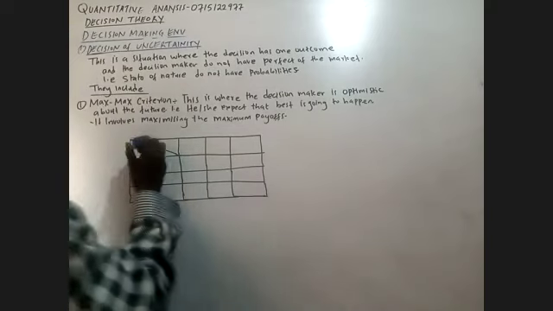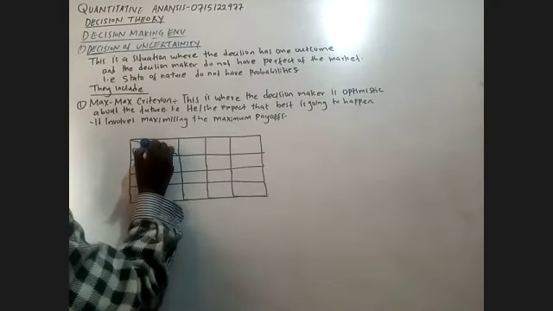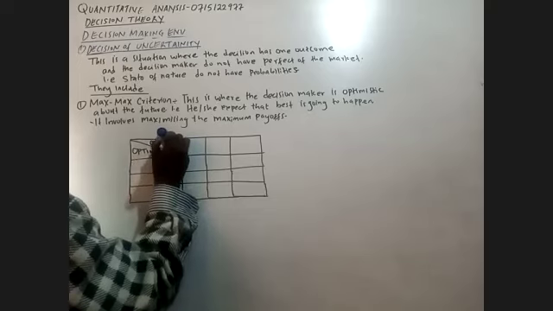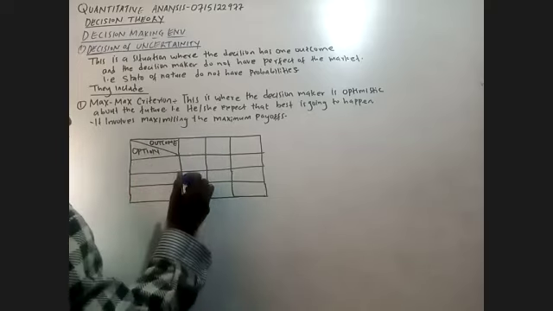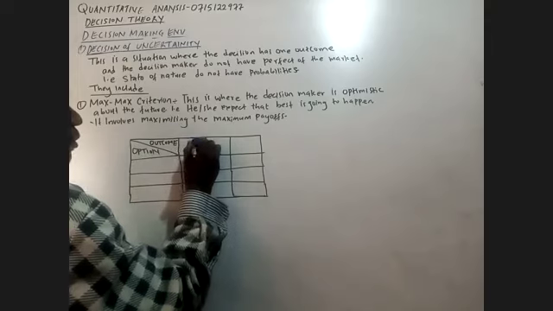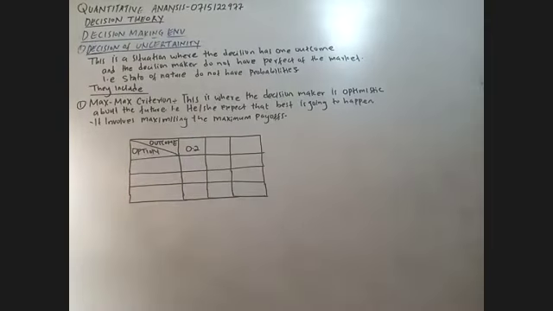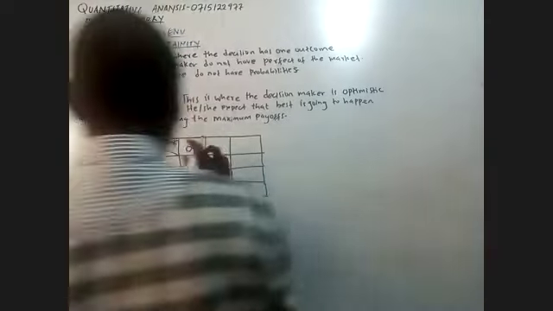In this table, we have the option, then outcome, or the state of nature. Now we have a 0.2. You know what is 0.2? Yes, in a state of nature. So it happens direct. Weak.